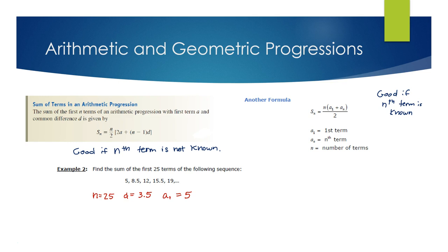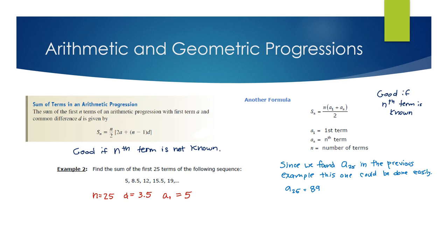Now, if this is the only problem that was given, and we didn't do the previous example, then I would probably go with the first formula, because I don't know what the last term of the sequence is, and I'd have to calculate it. It just so happens, though, in example 1, we did calculate what a of 25 is. And we know that's 89 based on the last thing we did. So with these circumstances, it's actually easier to use the second formula.